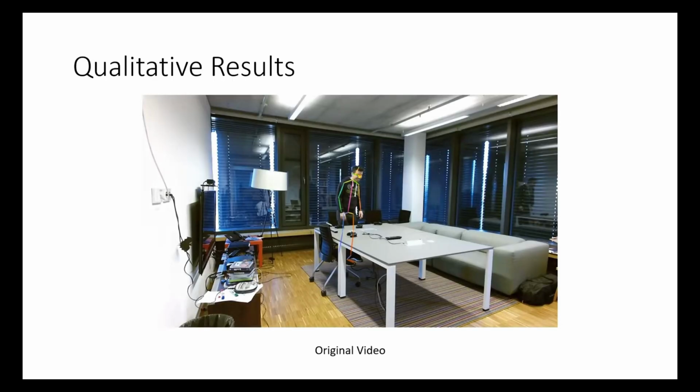The following video demonstrates the effectiveness of our proposed framework. In the original footage, the subject's knees are heavily occluded during the sitting down motion, making accurate 3D pose estimation particularly challenging.